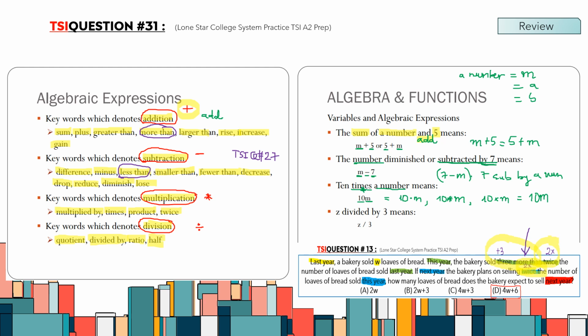Okay, so z divided by 3 means z over 3. Usually we don't write it on one line like that, but we write z, then the bar, and then 3 below.